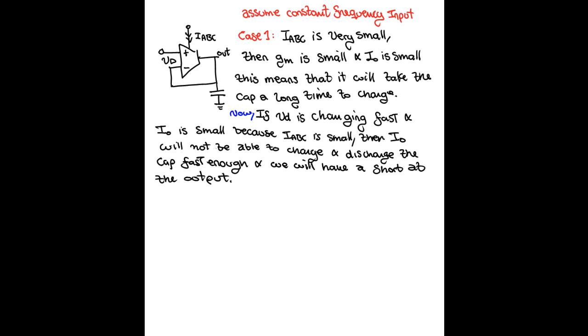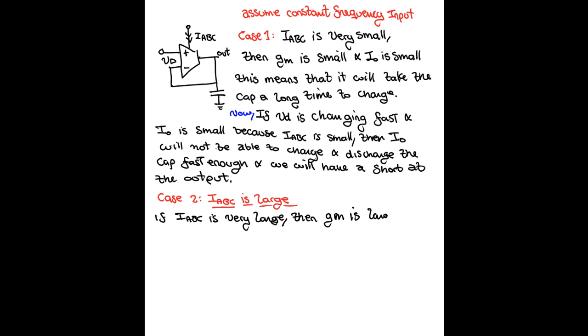Now let's look at case 2. Case 2 is when IABC or I bias is very large. So if IABC is very large, then GM is large, and I output is large.